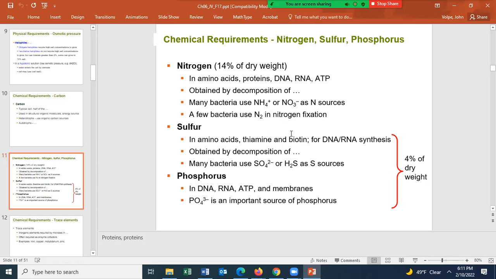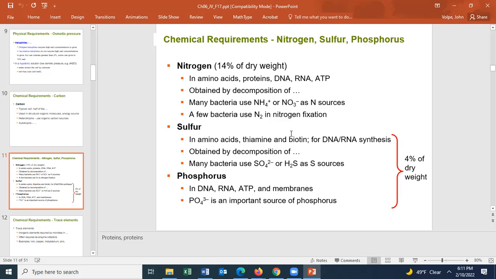Sulfur is also a requirement of cells. Most organisms obtain their sulfur from either amino acids or proteins, and that's the way we get our sulfur. Sulfur is required in thiamine and biotin and for DNA and RNA synthesis.